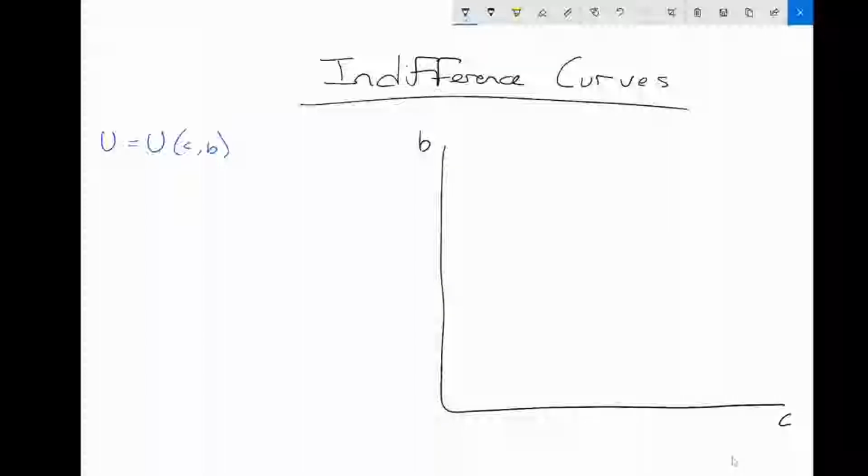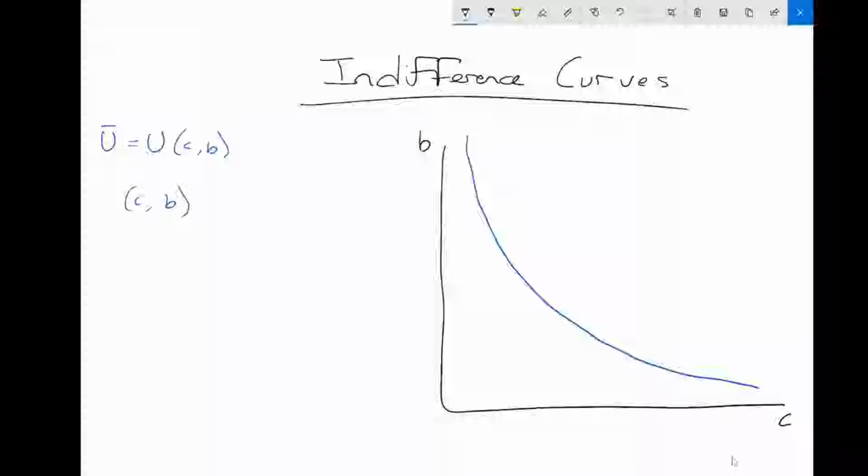And then let's say that we held the amount of utility constant, and we wanted to show a graph of all the possible combinations of C and B that would give this agent some fixed amount of utility, U bar. We're going to plot out all the possible combinations of coffee and bagels that give this person the same amount of utility.